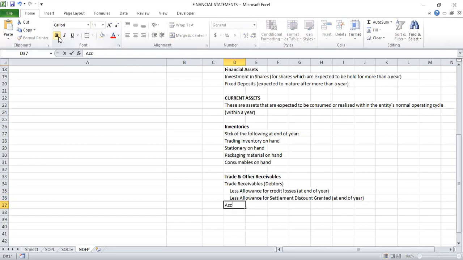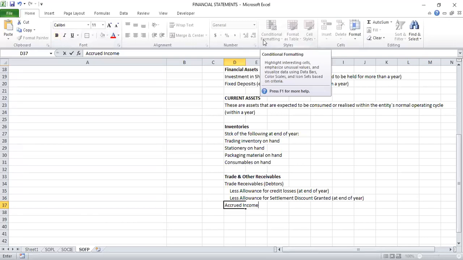Then we also include accrued income. Remember that the main income is the sales, but on top of the sales, there can be other things that can also bring income. Things like rental income, things like commission income. If our customers are owing us any amount from there, that is accrued income.